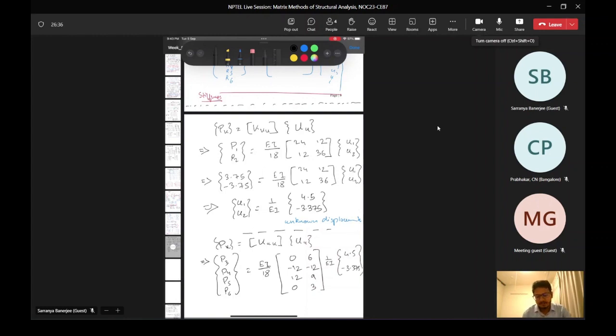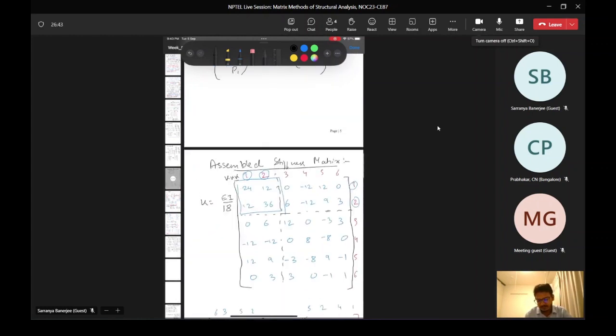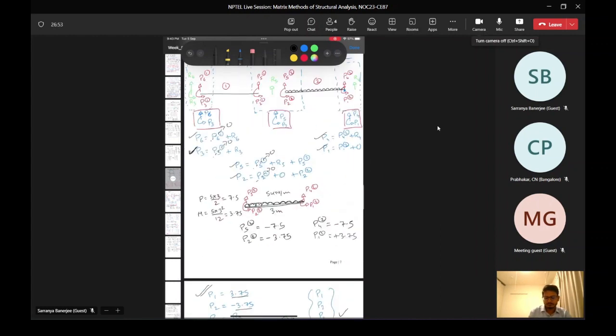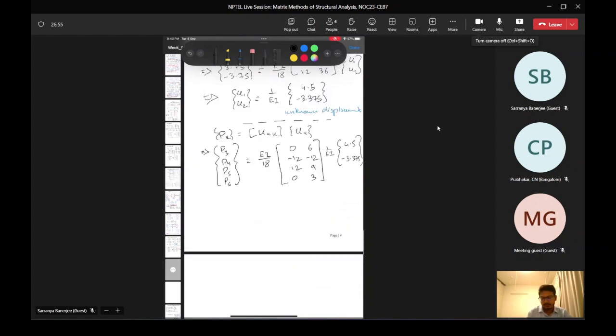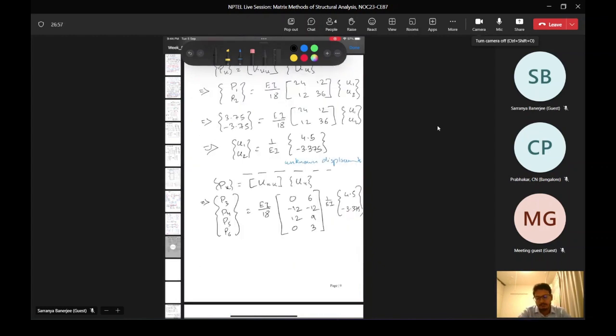So this is u1 and u2 on the right hand side. These are the stiffness matrices K UK. Let's recheck. This is the stiffness matrix now which we are talking about. This is KUK, and so from there, this is the equation.